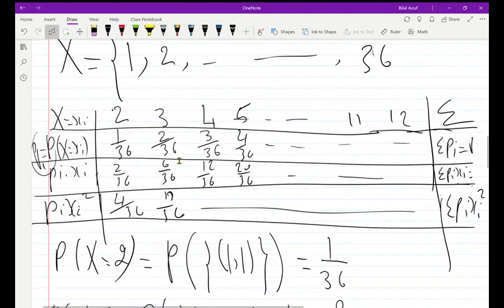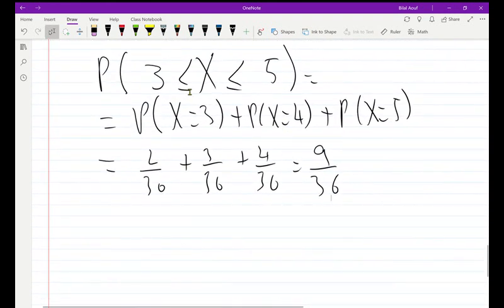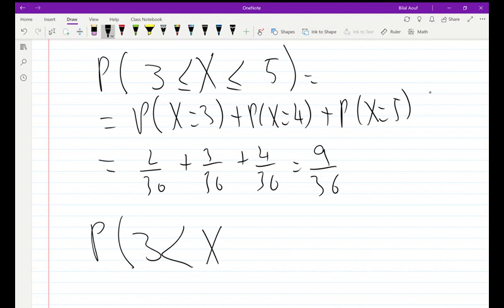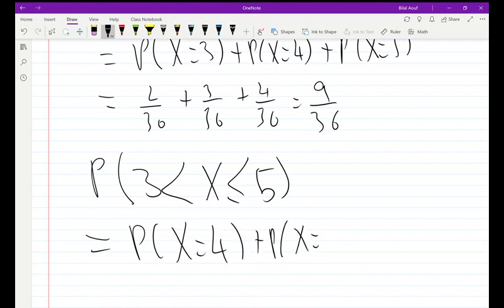For example, if I ask you the probability of X between 2 and 6, you do the sum: 2 plus 3 plus 4 plus 5 plus 6. Also a note: if there's no equal here, it means 3 is not included. For example, if I say the probability of X between 3 and 5 with no equal, in this case, since 3 is not included, the sum is the probability of X equal 4 plus the probability of X equal 5.